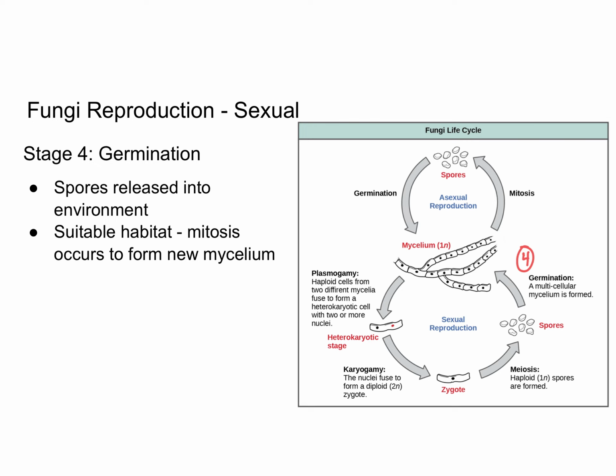If the spore lands in a suitable habitat, that spore is going to go through mitosis in order to make more cells that are ultimately going to result in the formation of a mycelium. And then this mycelium is going to keep going through mitosis in order to form a new fungal organism.